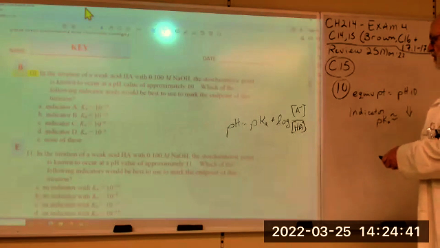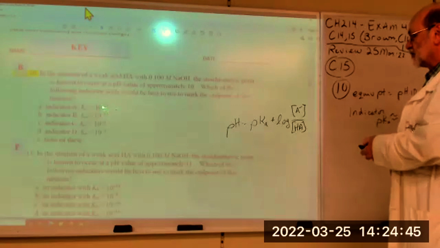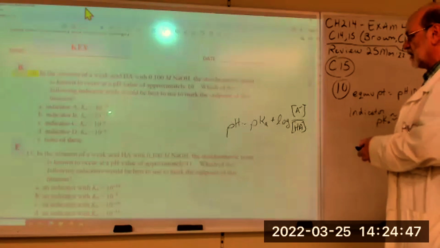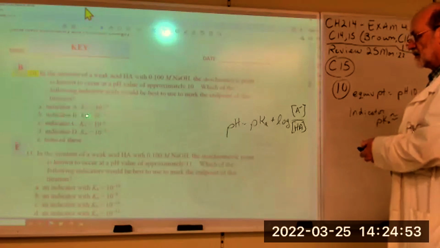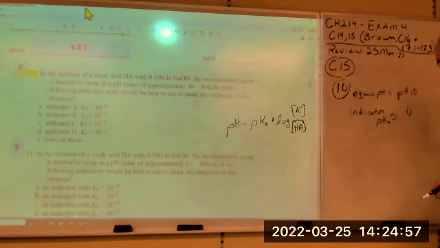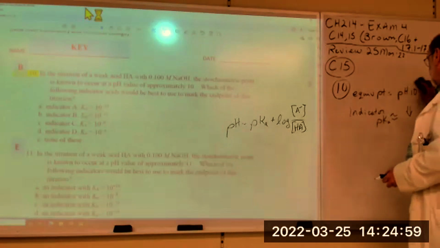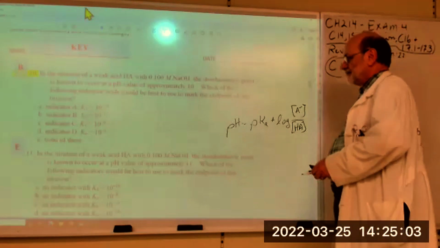So which one's closest to 10? Now this one's 4 orders of magnitude away, that one's 1 order away, that one's 2 orders away, and that one's 4 orders away. I'd say this one would work best. The Ka for that indicator would work best.